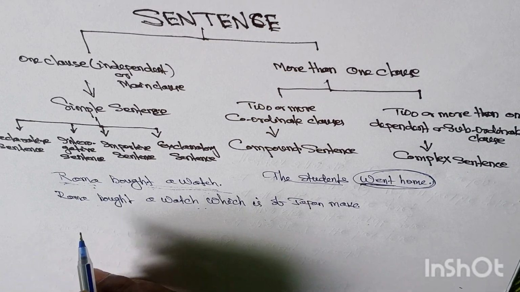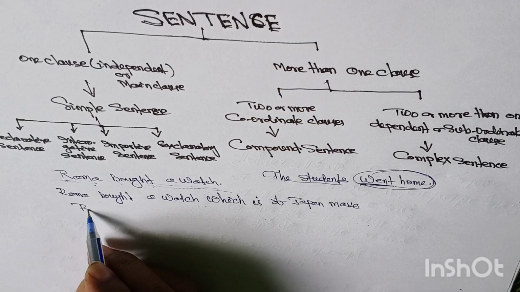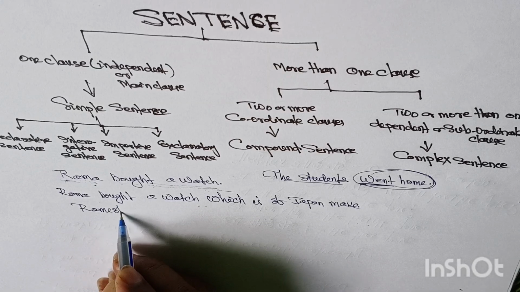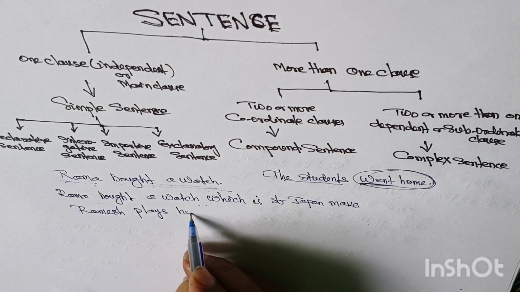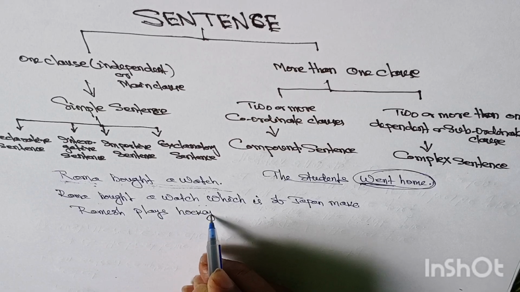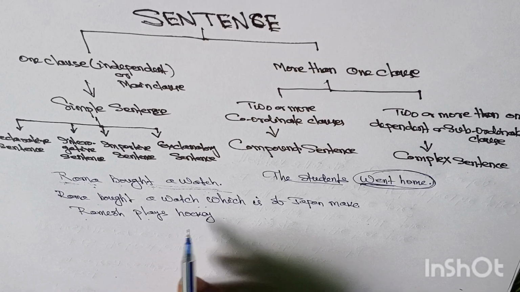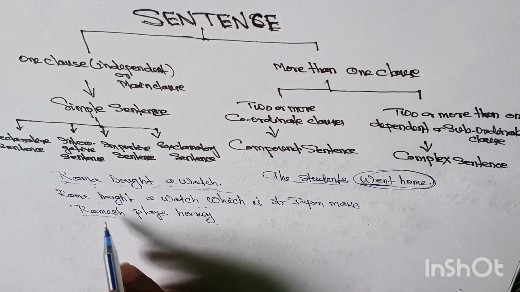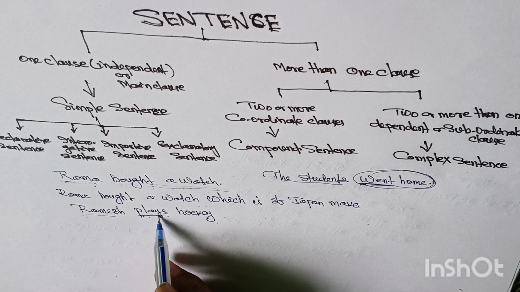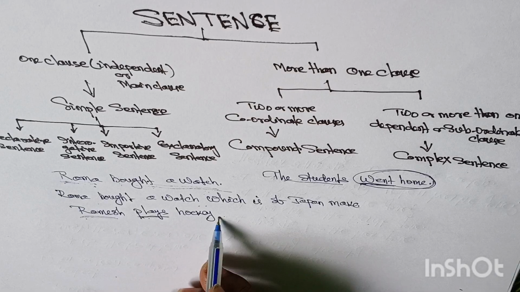Suppose I give an example: Ramesh plays hockey. It is a simple sentence because it has a finite verb, that is plays, and it has one subject and one predicate.